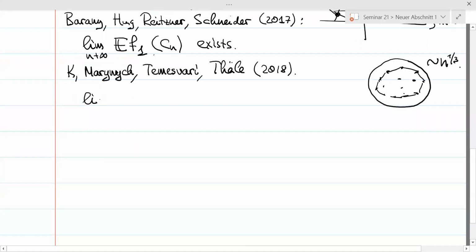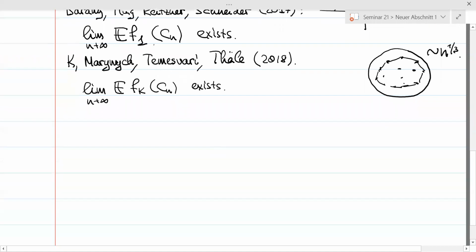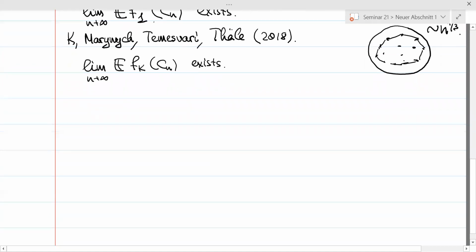So we proved that the limit of f_k of C_n, where f_k is the number of k-dimensional faces of the cone, exists as n to infinity. And the proof is actually very simple.